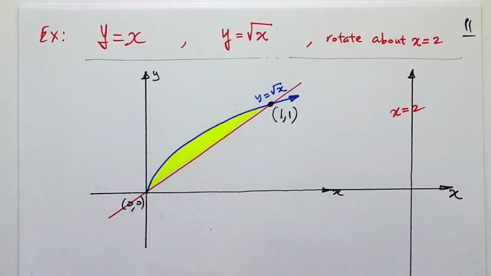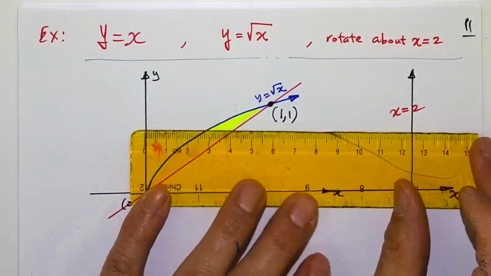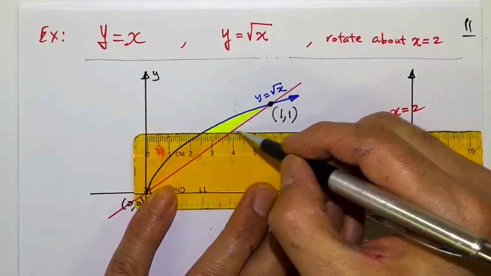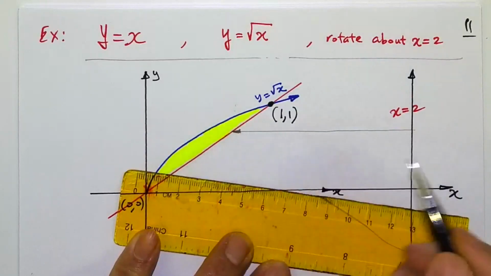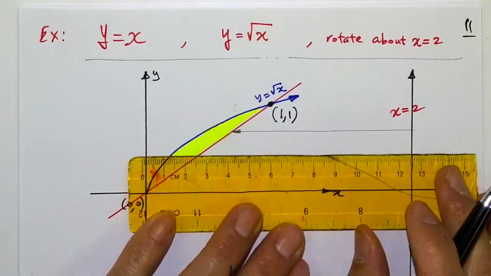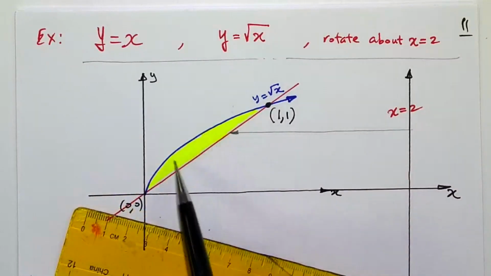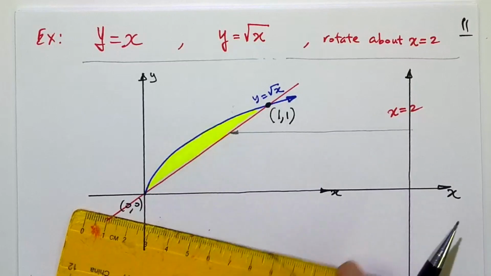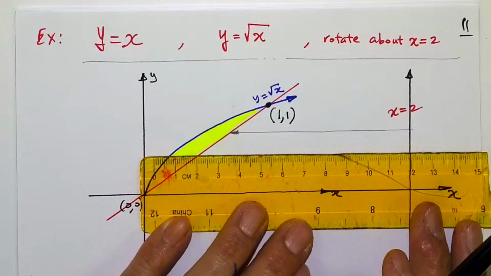So clearly this is going to be a washer, right? So the inner radius will be this one. I should have asked you, or I should have let you determine this. And the outside radius, you can see it clearly, right? As you rotate this region about this, the inner radius is going to be this, the outer radius is going to be the y equals square root of x curve.